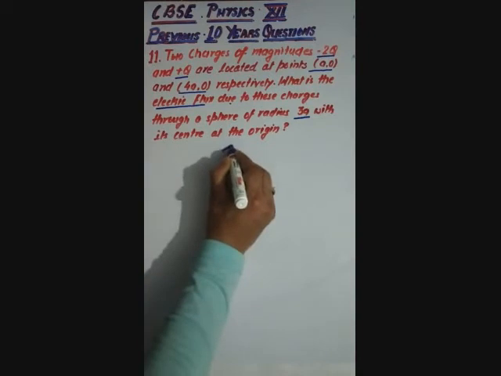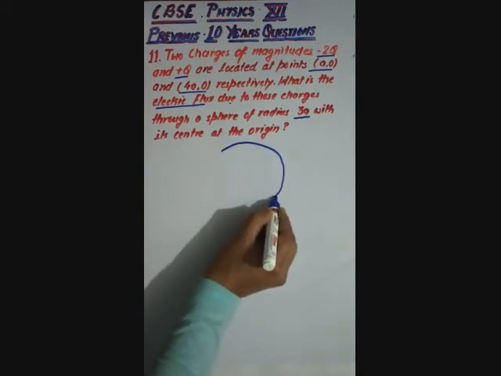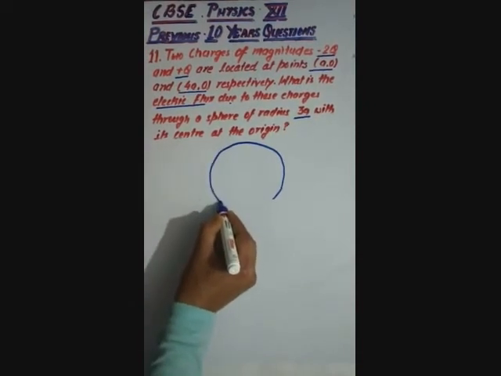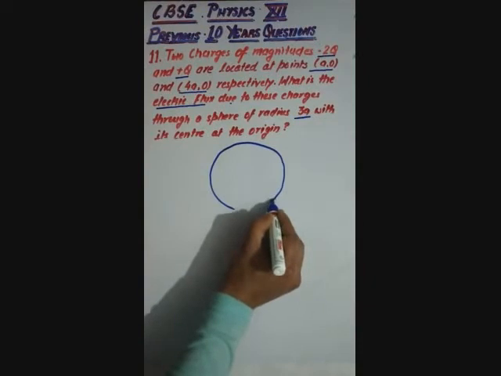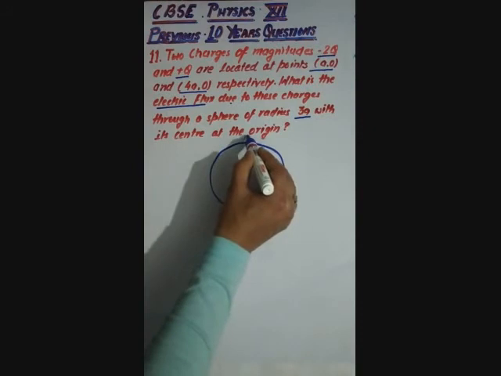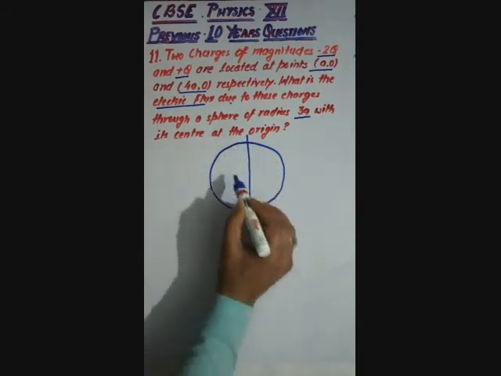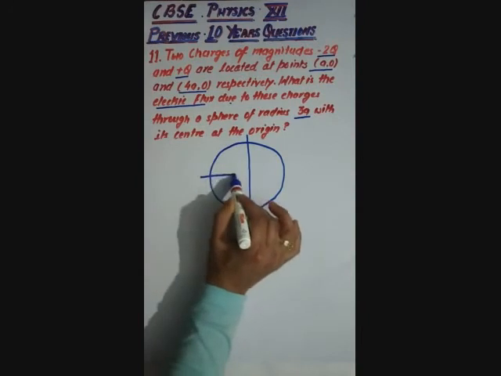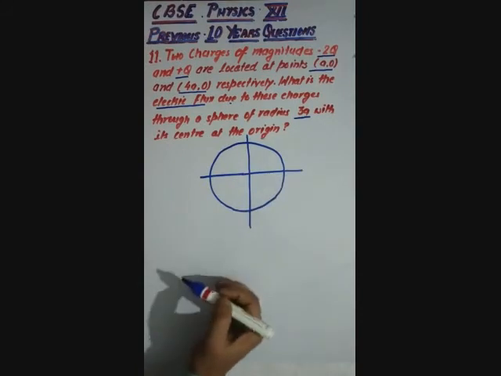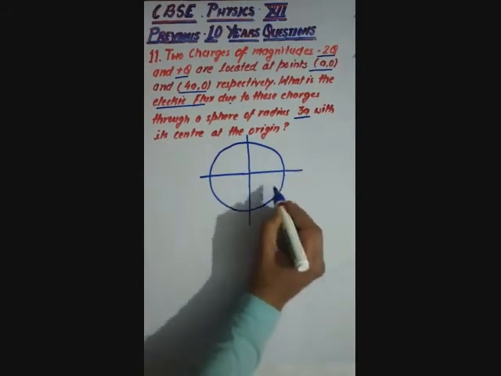Here we can make a sphere. The radius will be 3a.